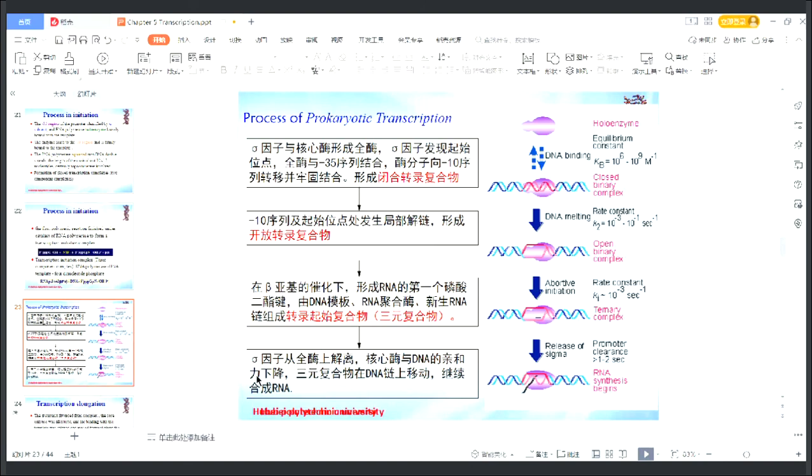At that time it forms the two complementary complex, and moves to the second step. You can see the holoenzyme moves forward to the negative 10 sequence. There it makes the promoter begin to relax further and forms the single strand.